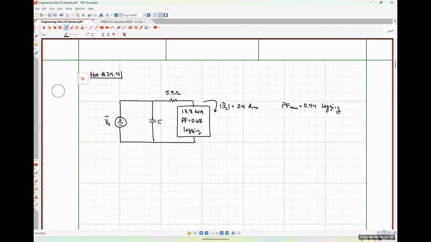And we are also told that our linear excitation frequency is 60 hertz. And once again, we're trying to solve for the capacitor that makes our system operate at a power factor of 0.94 lagging.